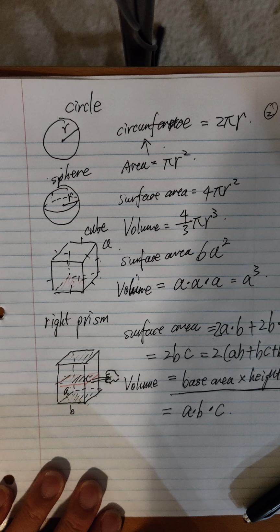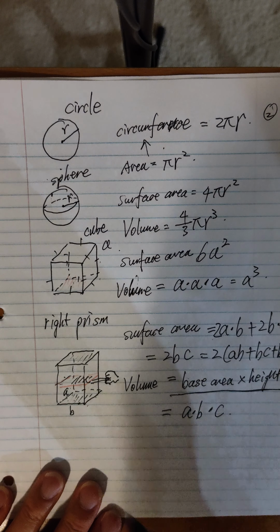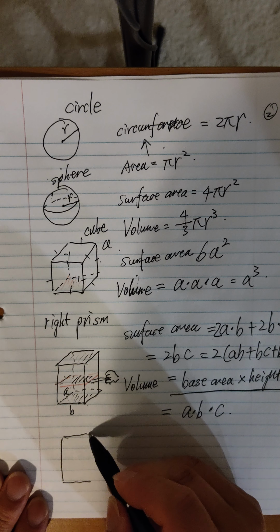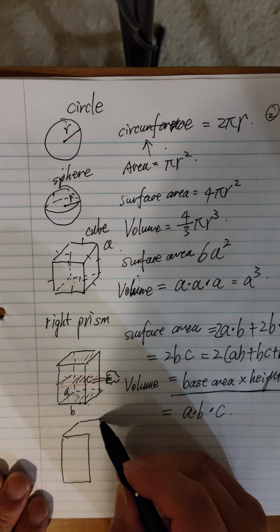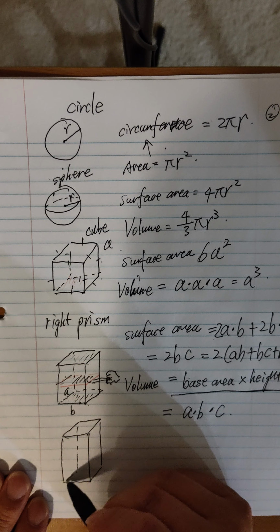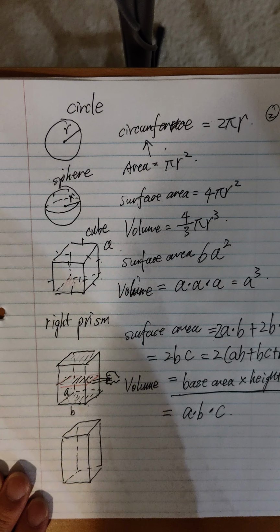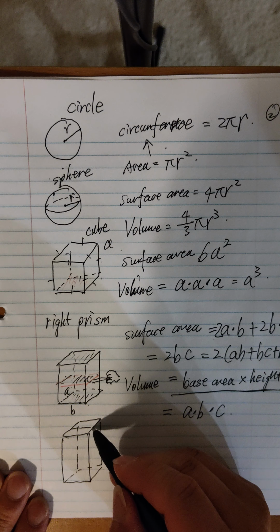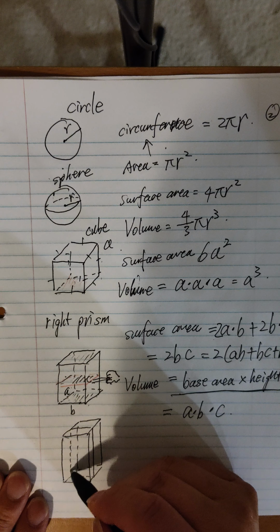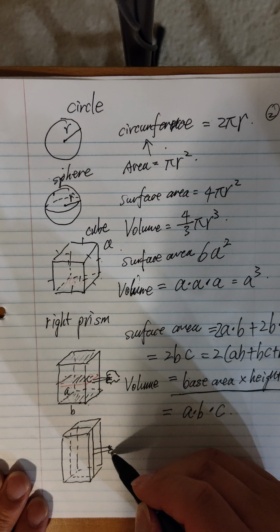So that is the base times the height. For instance, even though my actual drawing looks a little bit different, just imagine this is identical to this. What if my cut is like that? I'm going to cut it that way. Again, this is my hand.